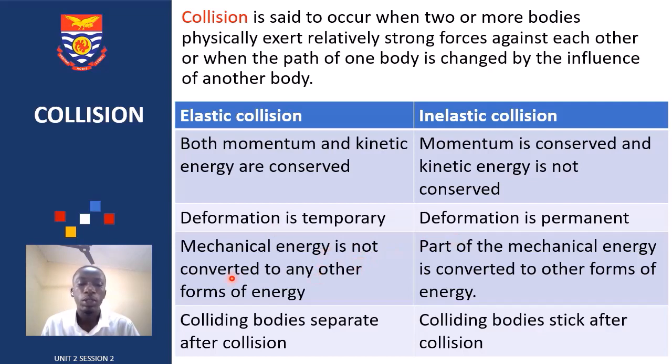For the elastic collision, mechanical energy is not converted to any other form of energy. But for the inelastic collision, because the deformation is permanent, we have other forms of energy being formed. For the elastic collision, colliding bodies separate right after collision. But for the inelastic collision, the bodies stick together after collision.